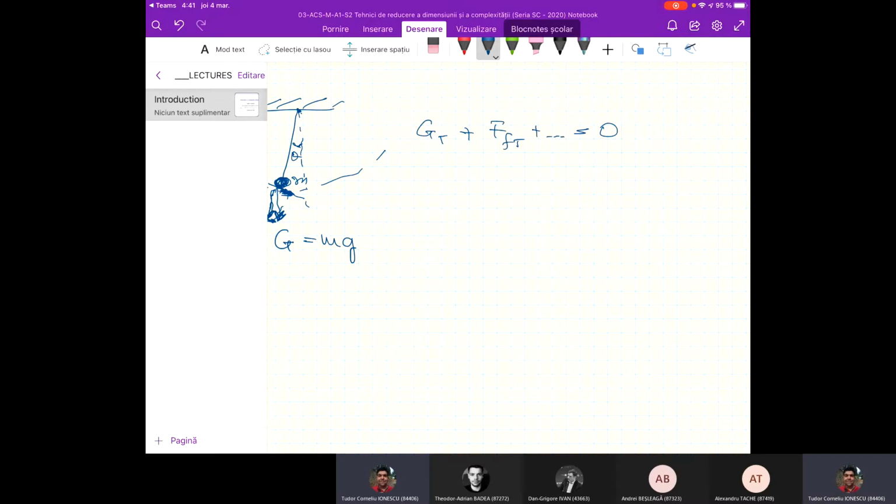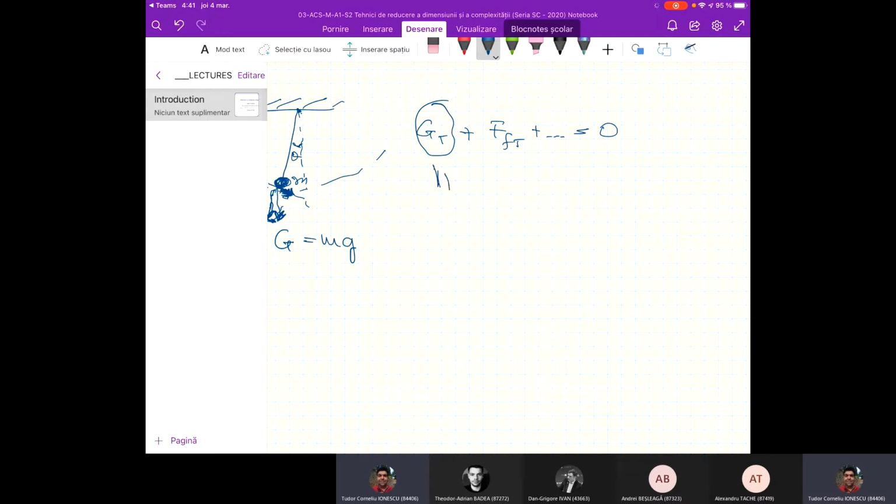Then you start writing each of the terms. For the gravitational term, you only take the tangential component for the movement of the body.